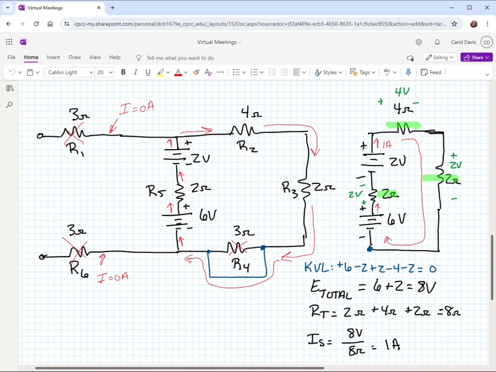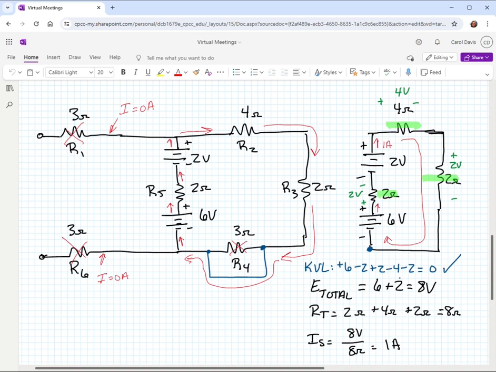So 6 minus 2 is 4, plus 2 is 6, minus 4 is 2, minus 2 is 0. Okay, so that checks out. And that's actually what's going on in the circuit.